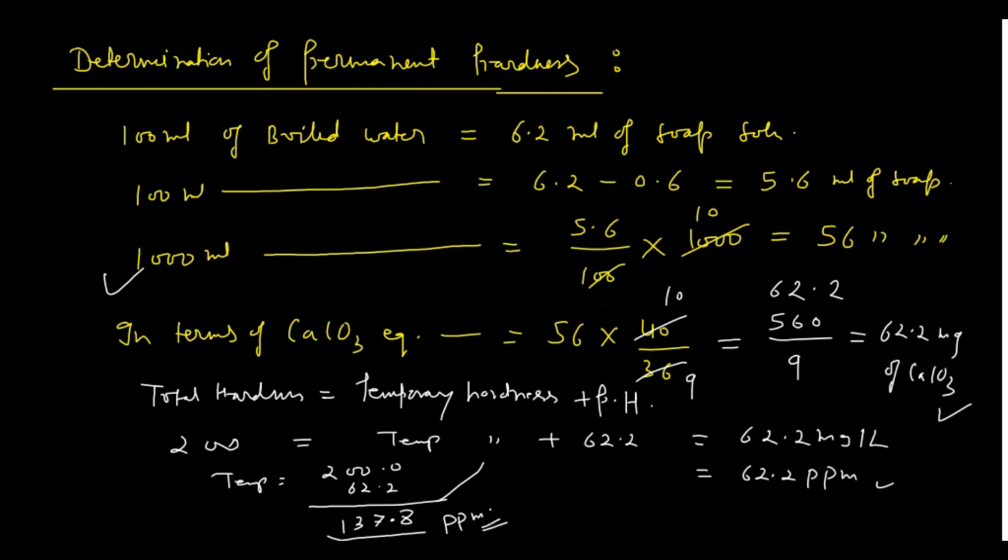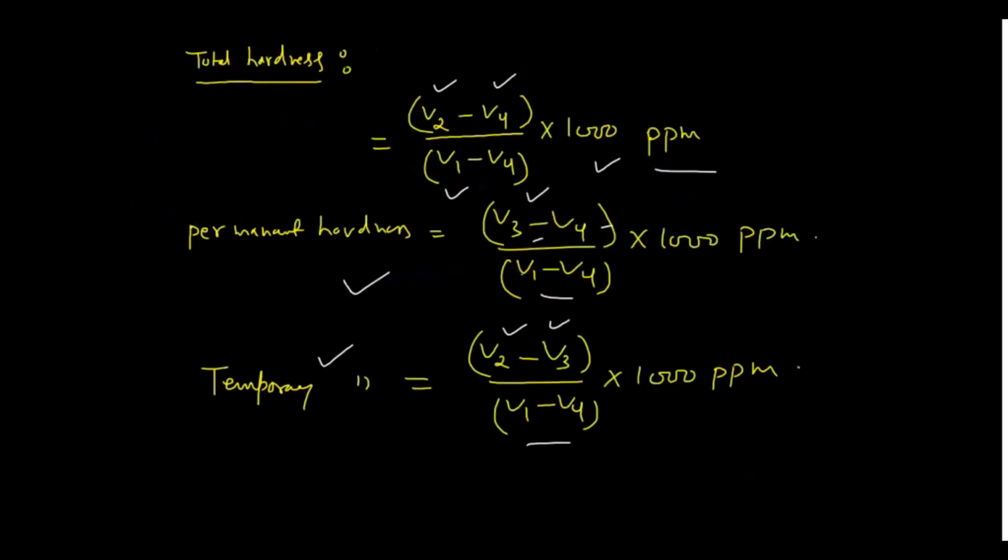So this is how you can calculate the temporary hardness, permanent hardness, as well as your total hardness by using the soap titration method or the Clark method, right? If I go back, then think again, what is the use of remembering or mugging up these particular formulas?